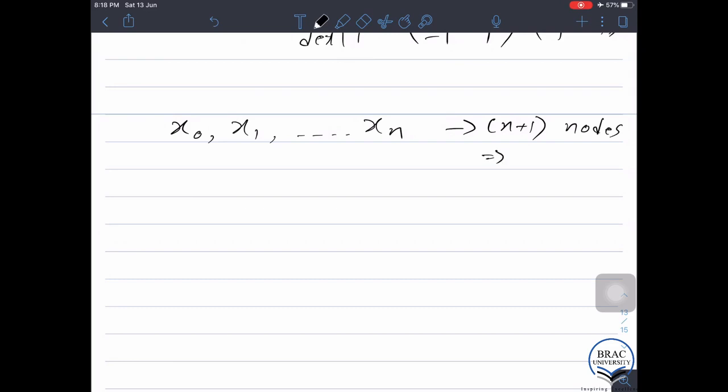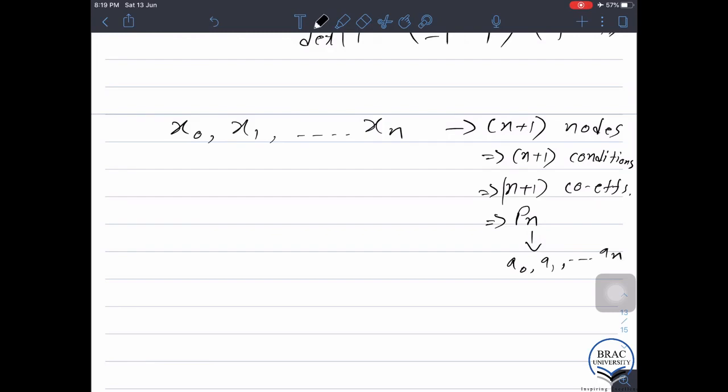That means that I can get n plus 1 conditions or constraints, and that implies that I can calculate n plus 1 coefficients, and that implies that my polynomial will be of degree n, because a0, a1 up till an are the coefficients I can calculate.